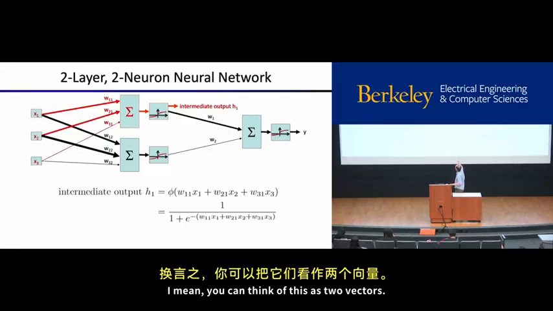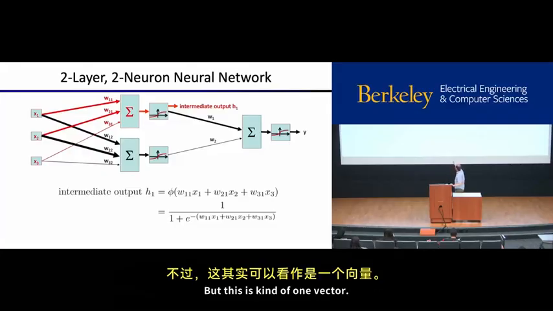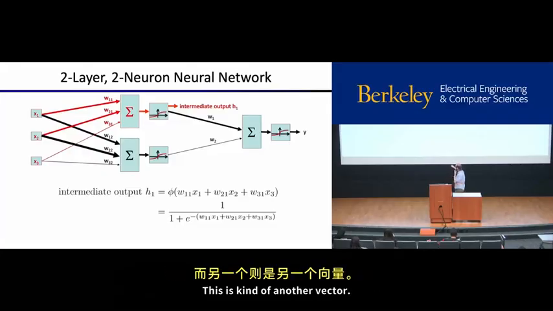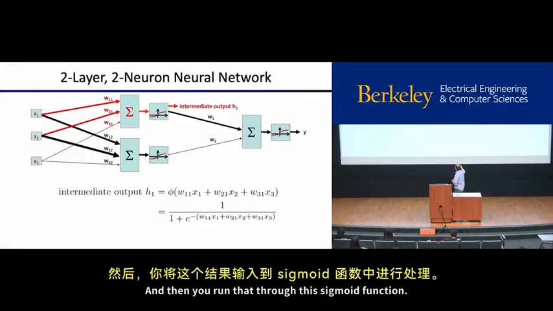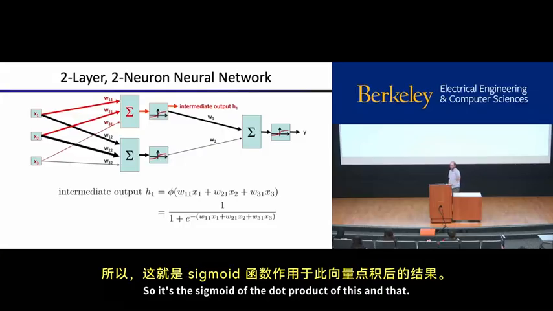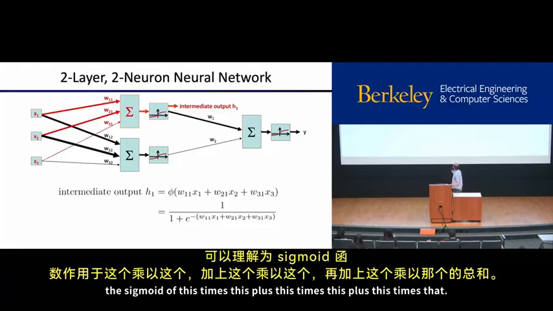You can think of this as 2 vectors; you could stack them on top of each other in your head if you like. But this is one vector, this is another vector, and now this is going to be the dot product of this and that. And then you run that through this sigmoid function. So it's the sigmoid of the dot product of this and that. Or if you prefer to think in scalars, the sigmoid of this times this plus this times this plus this times that.